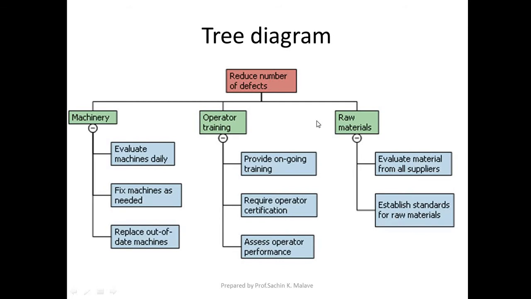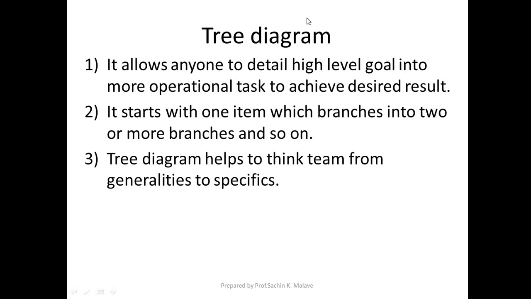So this is a very simple tree diagram to reduce the number of defects. How does it work? What the tree diagram does is allow anyone to detail a high level goal into more operational tasks to achieve the desired result.